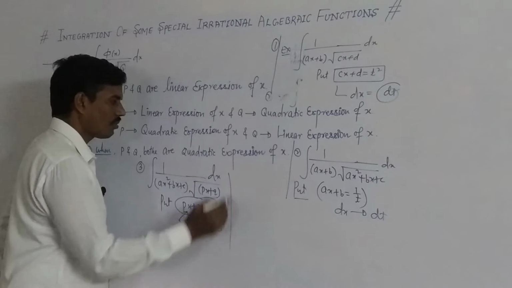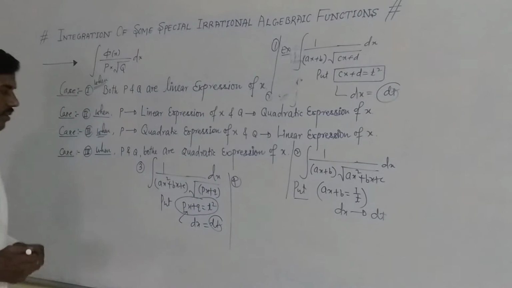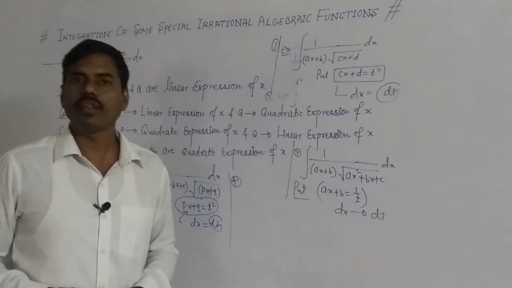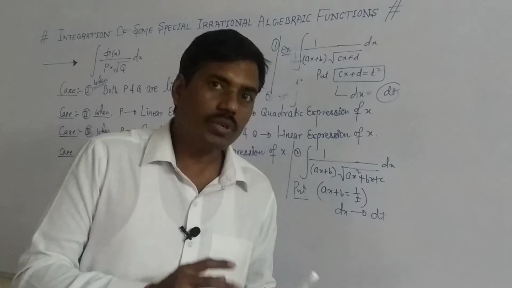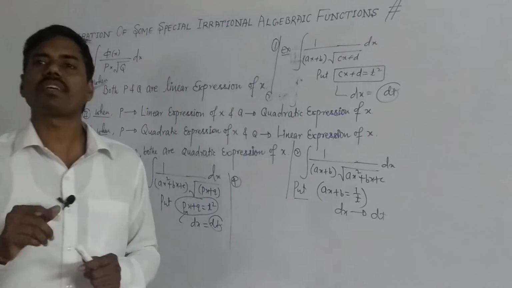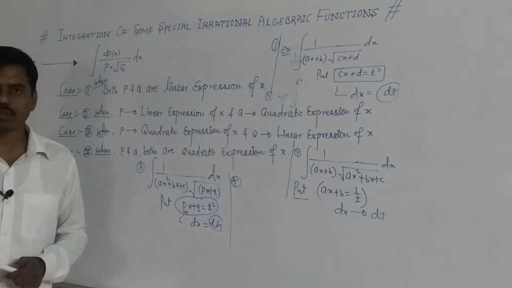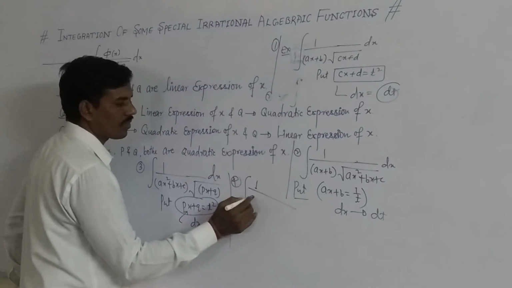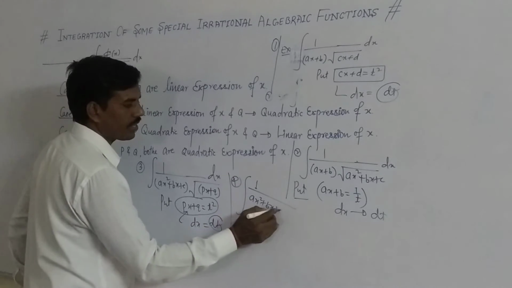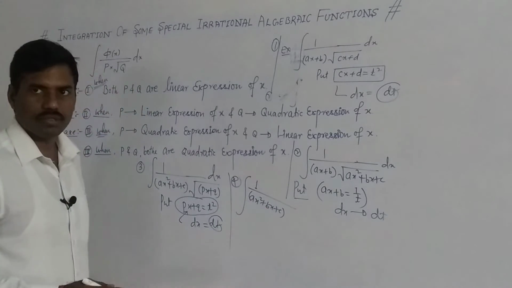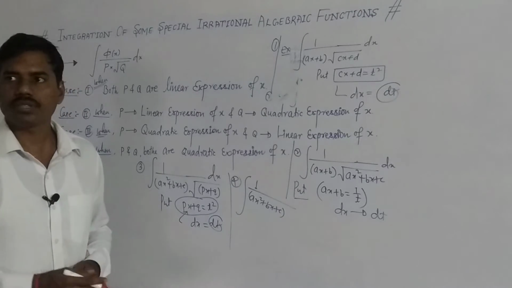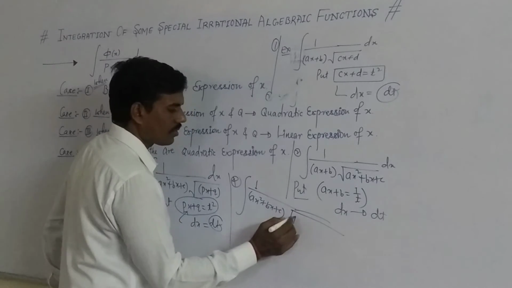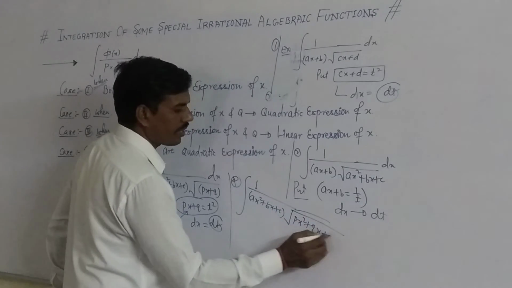And in case 4, when both p and q are quadratic expressions, for example 1 upon ax square plus bx plus c, which is p, that is the first expression in x, and the second one is under root of, let px square plus qx plus c.